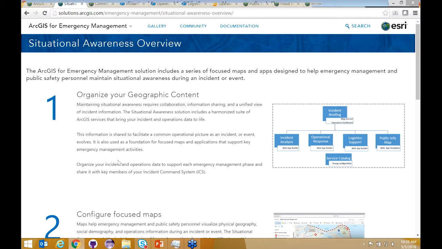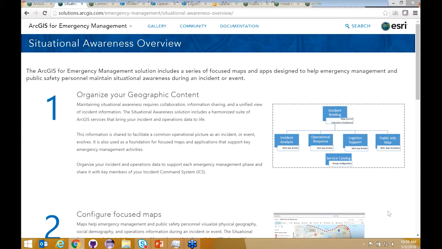And if you'll notice in our situational awareness overview, the number one step in this process is organizing your geographic content. So as part of your planning activities, definitely not when you're responding, get your collection of authoritative data, whether it be from the city or the county or whatever the geography or jurisdiction you're responding to, laid down as the foundation that you need to really hydrate those applications that I showed you. So that's the first thing I would say to that.